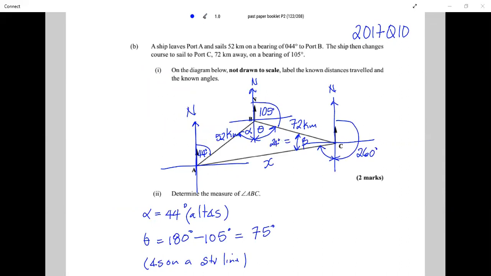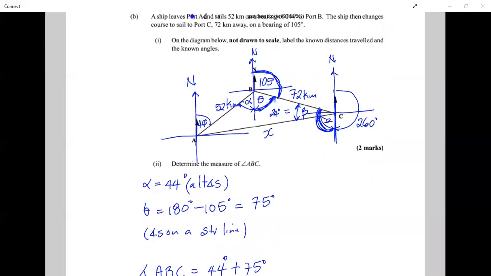Now, remember, this angle is what we want here. Let's call it omega. We need omega. If you're observant, you recognize that the angle here and the angle here are co-interior angles. So theta, or if you want, the 105 degrees here, and these two angles here are alternate angles.